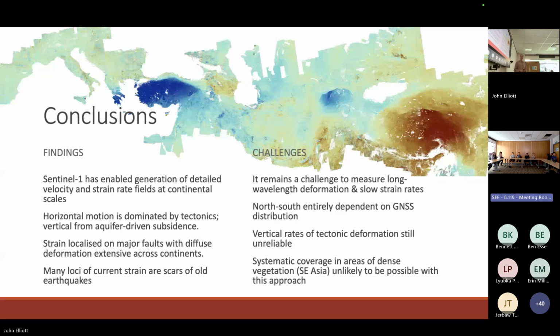Doesn't mean it's absent. Even areas that are 20 nanostrain per year have active faults, they have seismicity. We want to be getting down to the sub 10 nanostrain per year if we can. And the conclusion from those faults that do pop out, I feel, is that the loci of the current strain are the scars of old earthquakes. So we're not accounting for the post-seismic, they're in there.